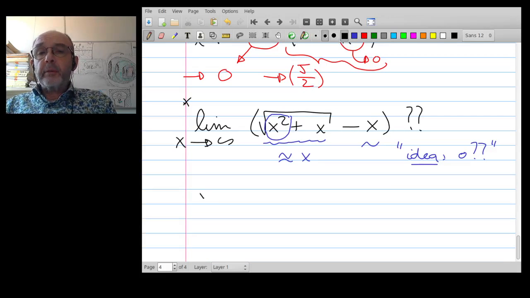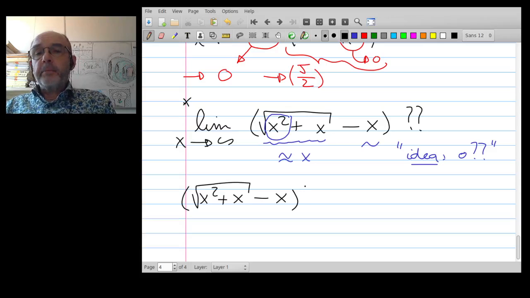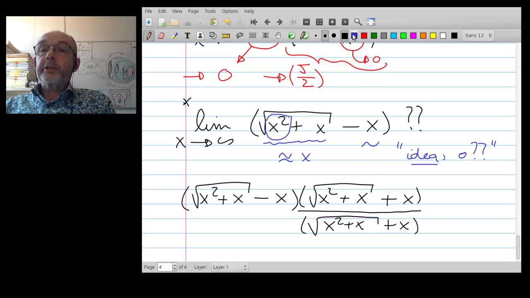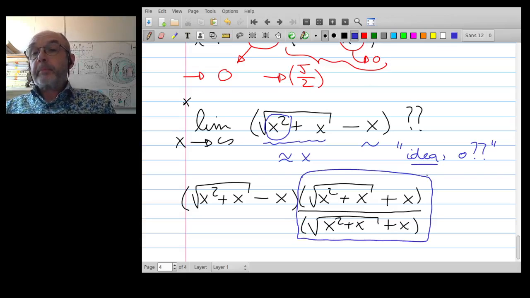To make it a little bit nicer, I take the expression I have, and then I multiply by the square root of that expression, but not minus, plus x, and I divide by the same expression. And so, as I often say, I multiply by 1. In a certain sense that is what I do, but a special one.